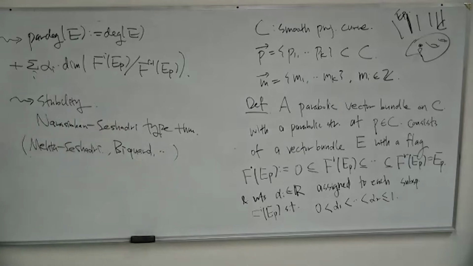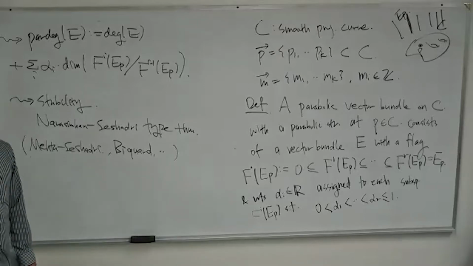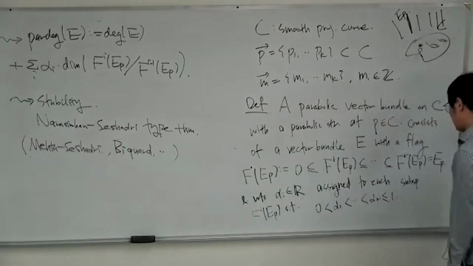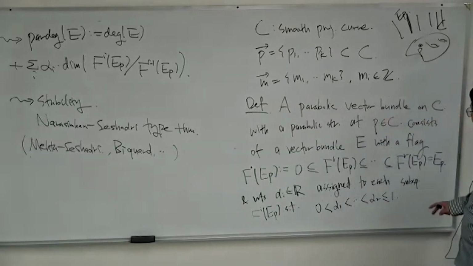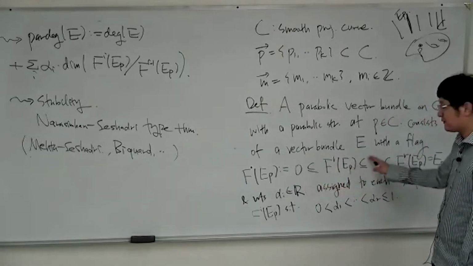Any question? Yes, for every point the flag has to be the same? I mean, it doesn't have to be. If I consider a rank r vector bundle, then I consider a full flag, but sometimes it doesn't have to be strict.